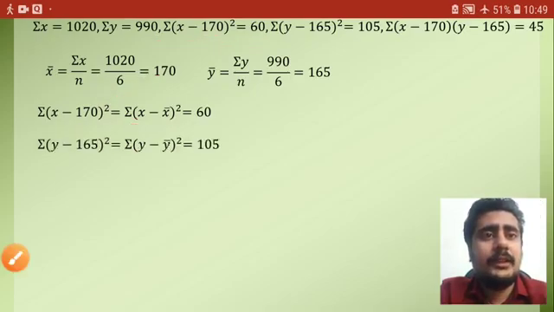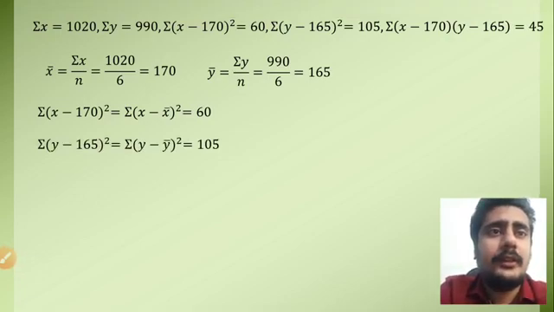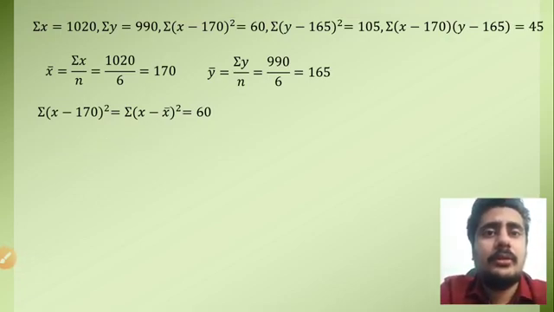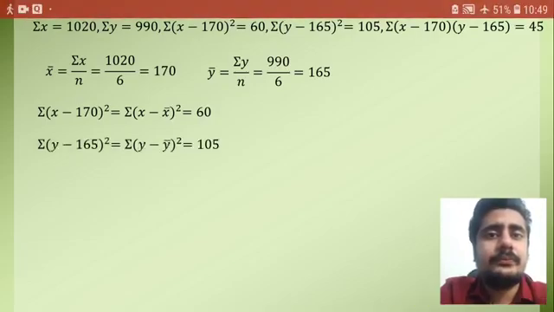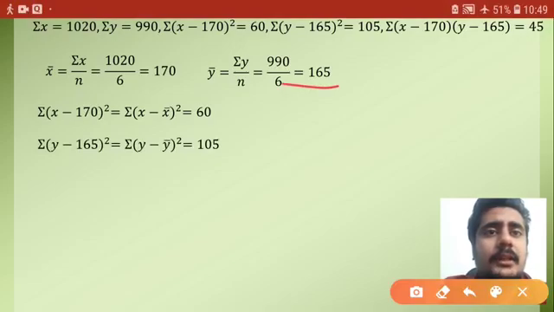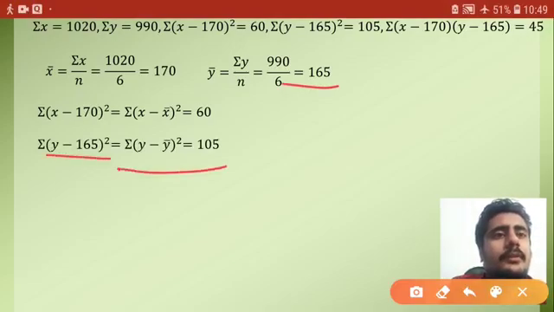The same way, in the question there is y minus 165 whole square and you have calculated y bar, and your y bar is 165. So it is y minus y bar whole square.